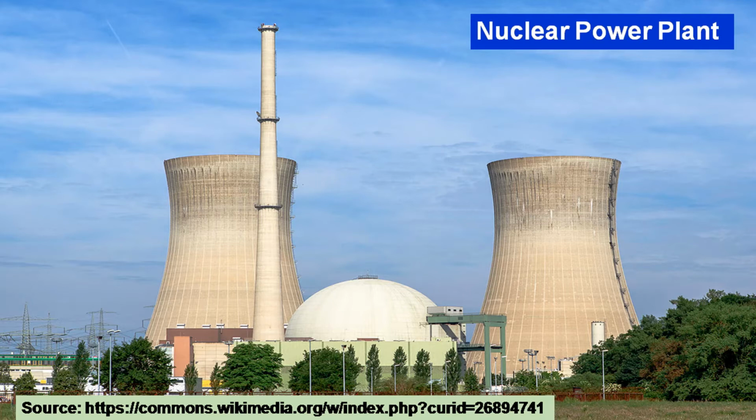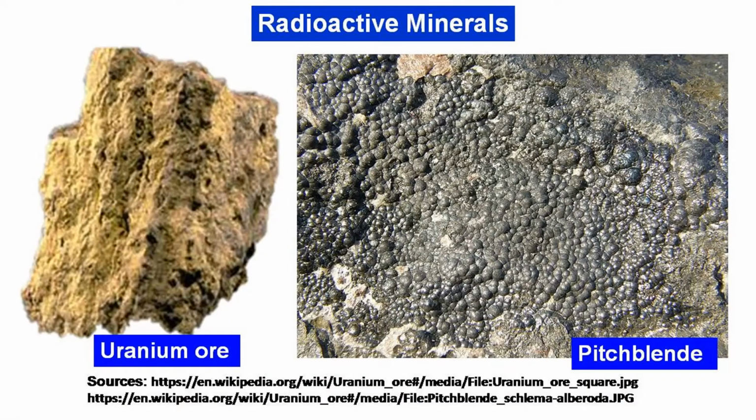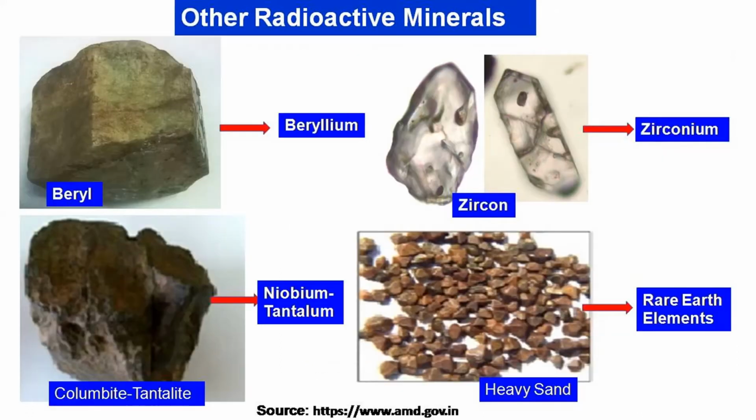Nuclear power generation is used in steam turbines to produce electricity in a nuclear power plant. Uranium and thorium are the main atomic minerals. Other atomic minerals are beryllium, lithium, and zirconium.